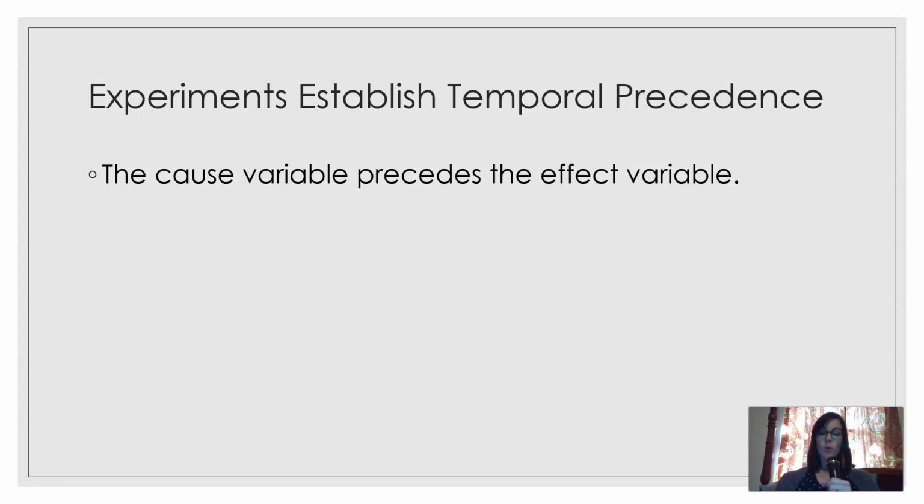So for example, in the Oppenheimer and Mueller note-taking study, our cause, the manner in which you choose to take notes, will precede the effect. Our dependent variable, how well you remember important concepts and can utilize deeper thinking strategies.